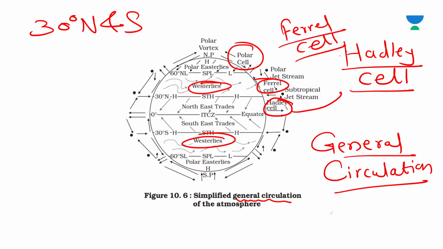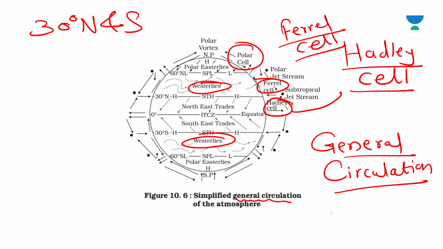So such circulations from the surface upwards and vice versa are called sails.